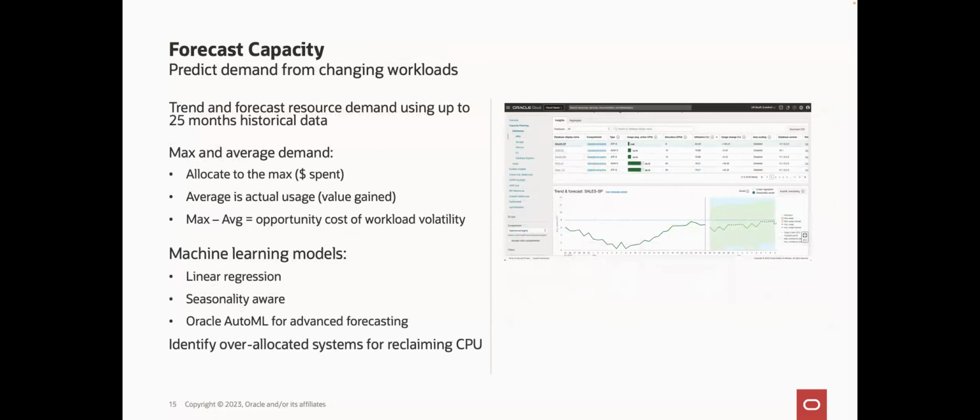Yeah, so some of the questions that the capacity planning app helps DBAs or other IT administrators with are: do I have adequate compute and storage resources to accommodate forecasted growth in my CPU and storage usage, right? It helps you look at trend and forecasted aggregates of CPU, memory, storage, and utilization for specific groups of databases.